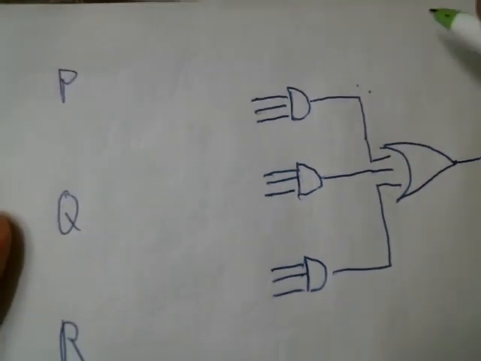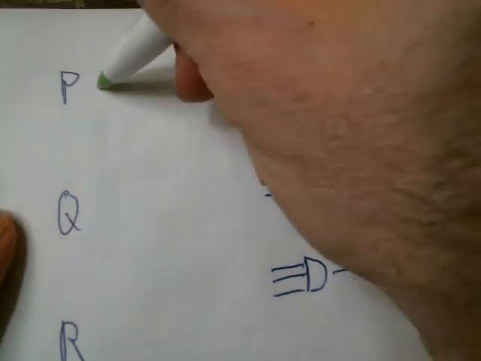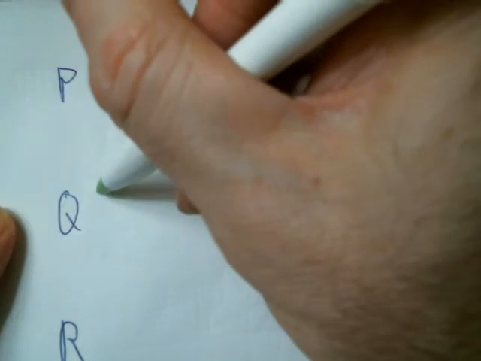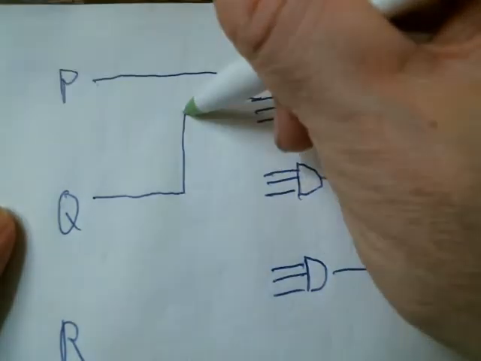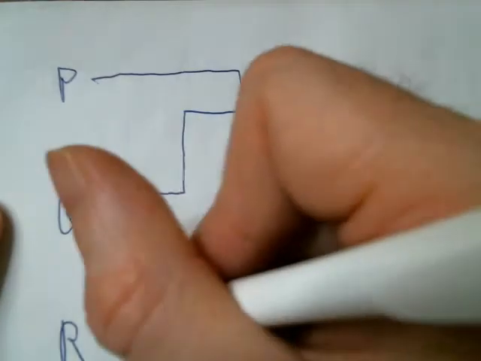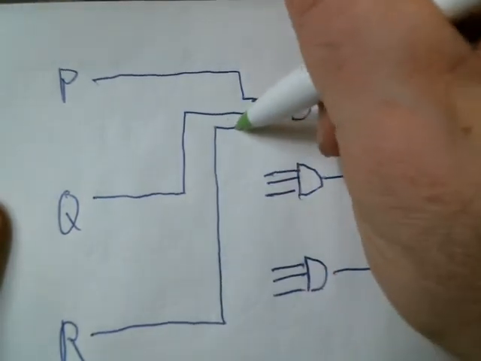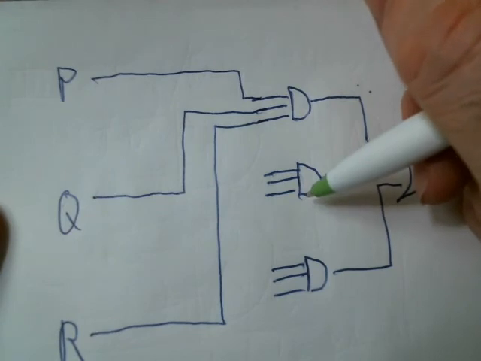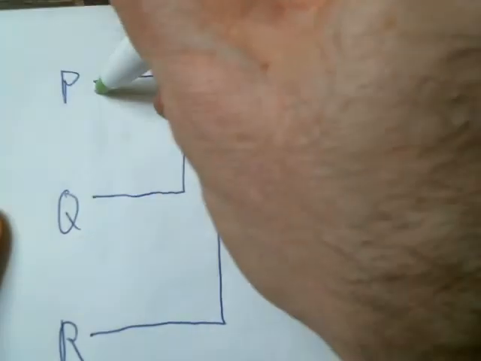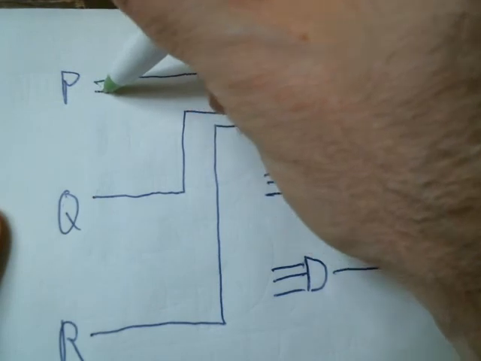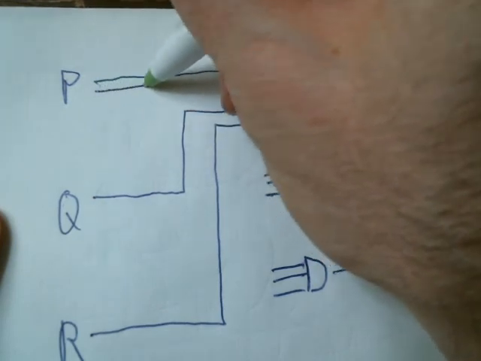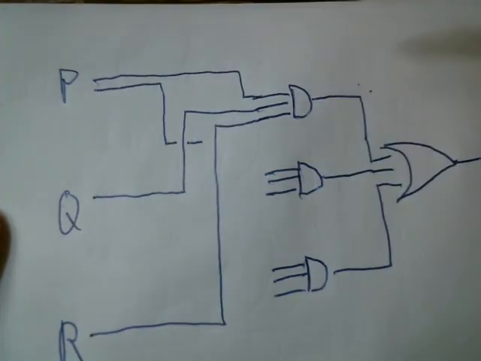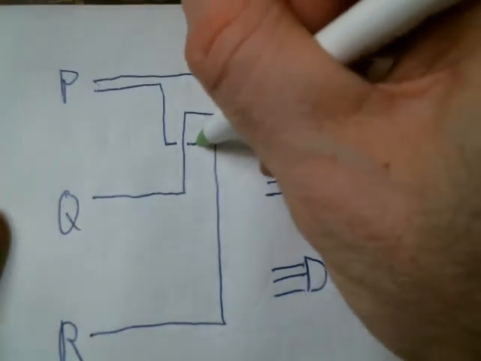Okay. So first, P and Q and R. So P, and Q, and R. The second guy is P and Q and not R, so P. And this is where I'm going to have to sort of cross. So I'm going to do it like this. Just leave a little space, like one underneath.